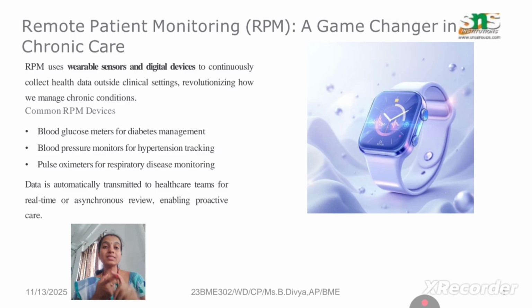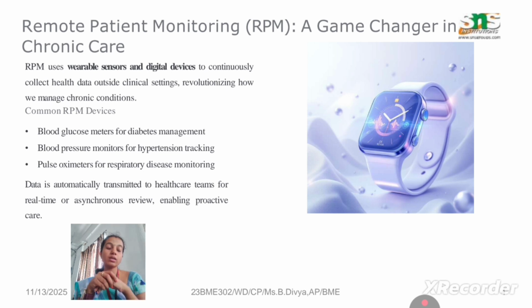Clinical settings means we go to a hospital or the like, and from there we identify the parameters and note them. Whereas in remote patient monitoring, we have a device that contains wearable sensors and is a digital device, where we can find the data.